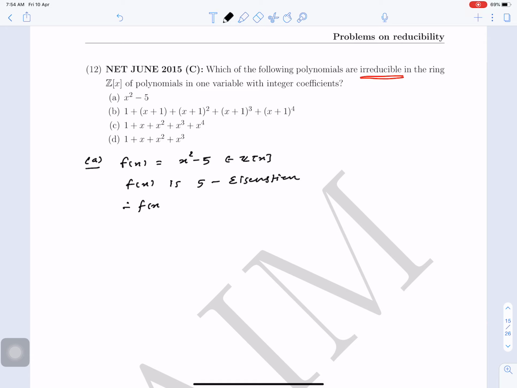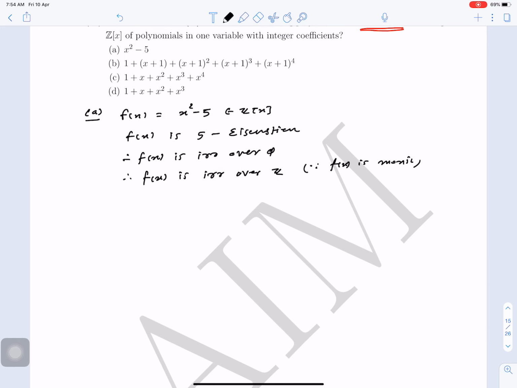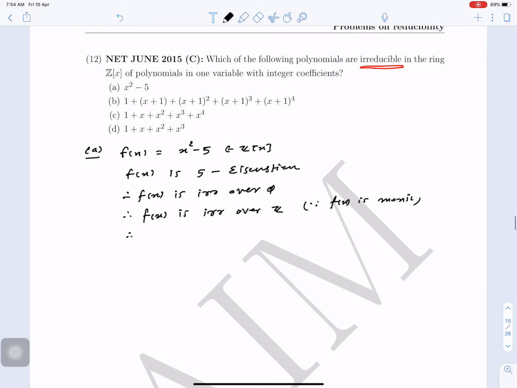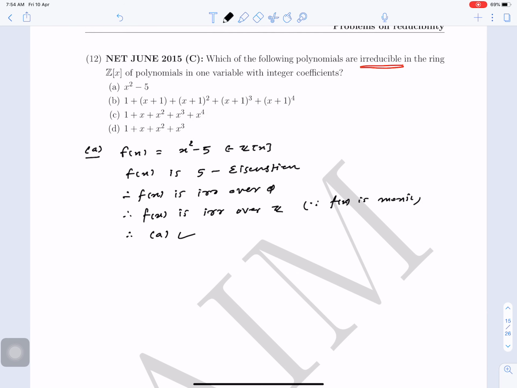Therefore f(x) is irreducible over Q. Therefore f(x) is irreducible over Z, because f(x) is monic. And we are interested in irreducible polynomials, so therefore option A is correct.